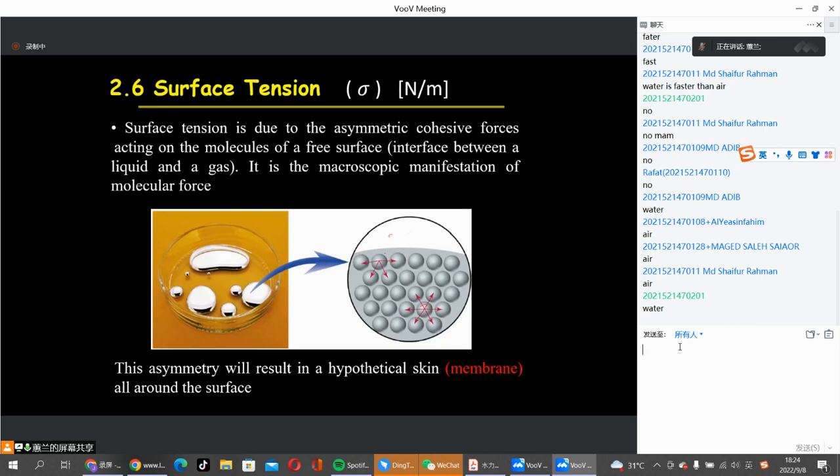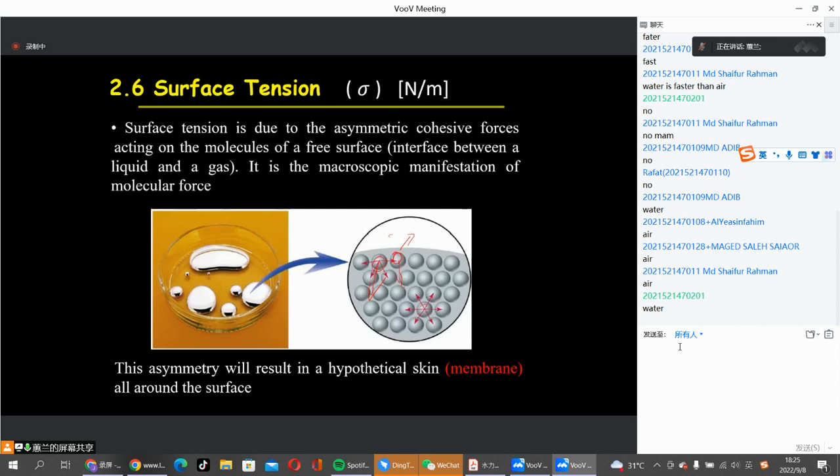Definitely the molecules of the free surface will have a resultant force going inward. According to the FBD for this molecule, it gets molecular force from the inner molecules of the liquid, but also an attracting force from gas molecules, which is relatively small, so it is unbalanced.